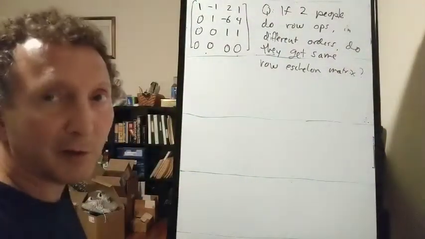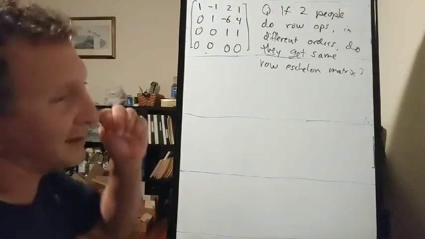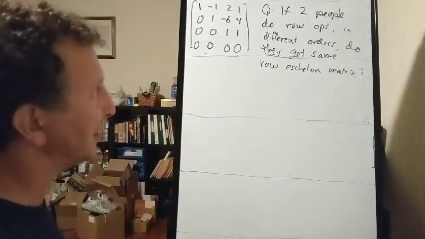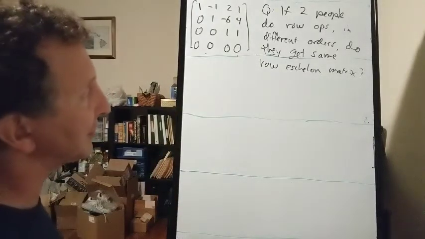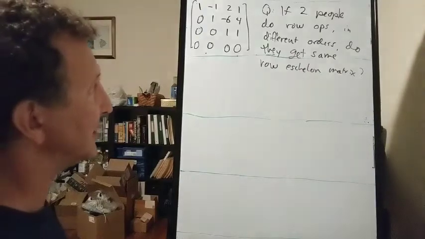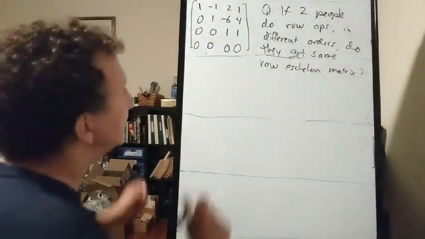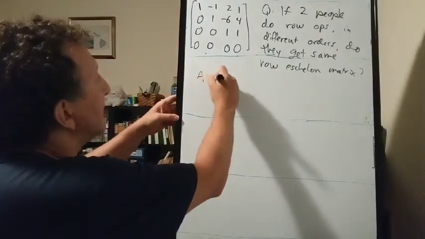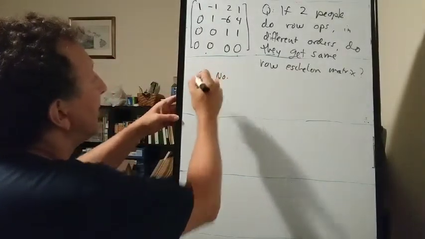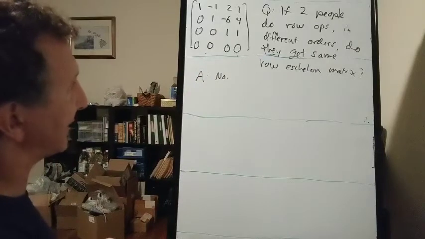Because we just had a list of operations and there was no rule saying that we had to do one operation and then another operation. So two people might do them in different orders and might eventually get a row echelon matrix. Are they necessarily the same? The answer is no.